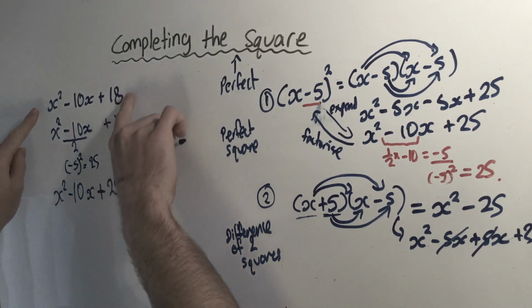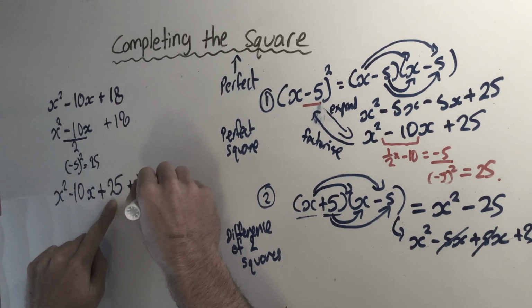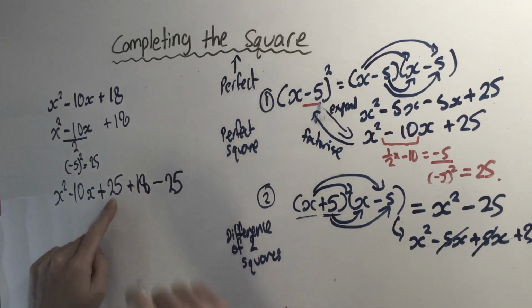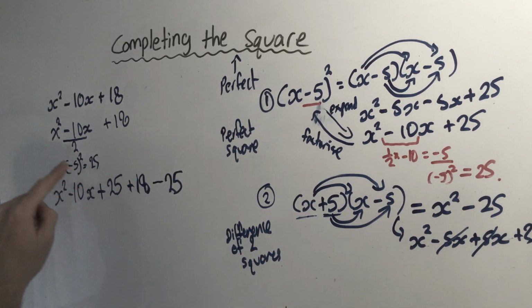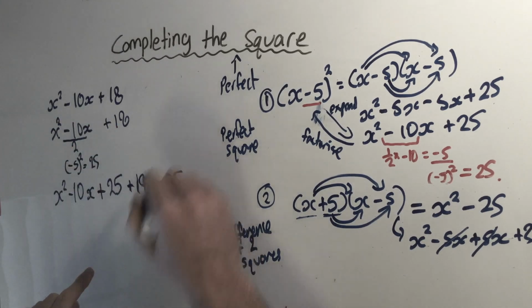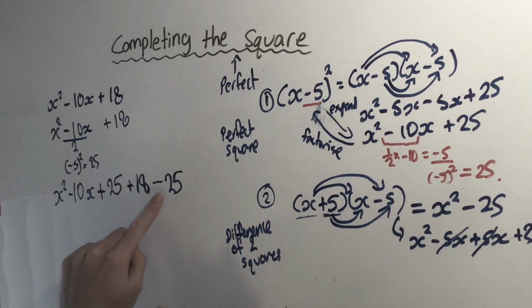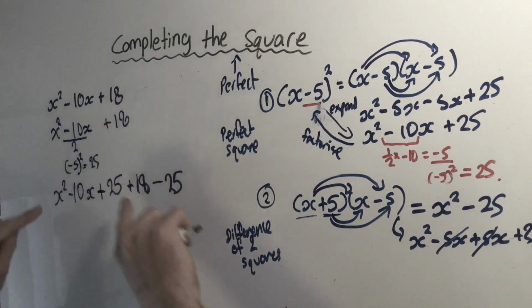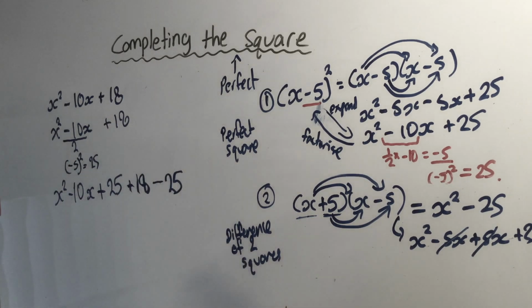The only difference between this line and this line is I've added 25. Therefore, I have to minus 25. The number that you add in, which will be the square of half of that number, must be subtracted off so that these two actually cancel each other out, don't they? Plus 25 minus 25 is 0. So really, if there's 0, I've still got that. I've just written it in a different way.